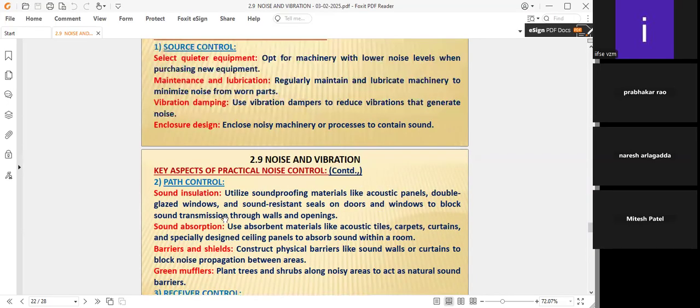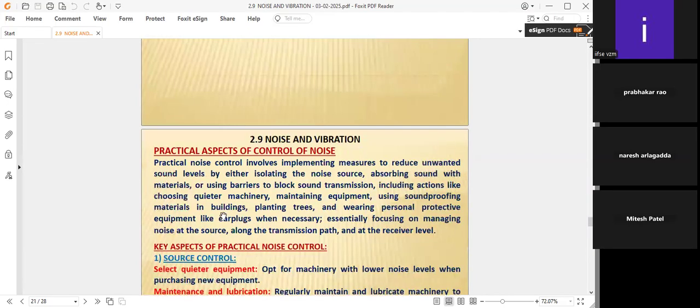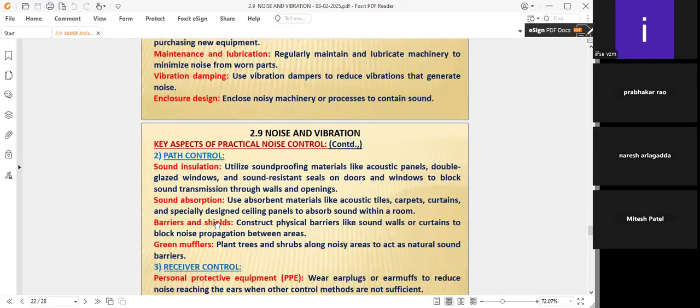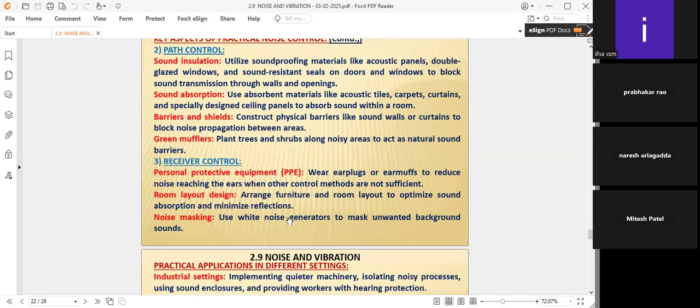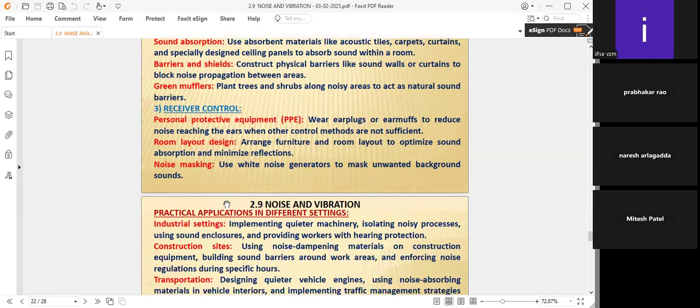These three are very important aspects: source control, path control, and receiver control. Receiver control means where the employee is, where PPE and room layout design are very important, because the room layout helps absorb the noise level before it reaches the employees.